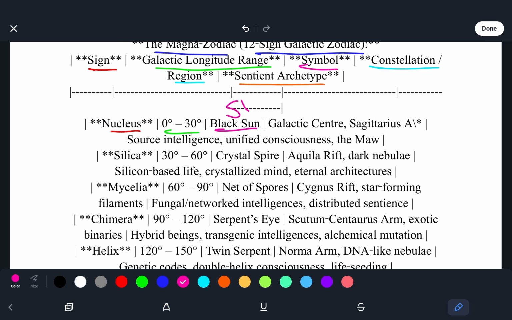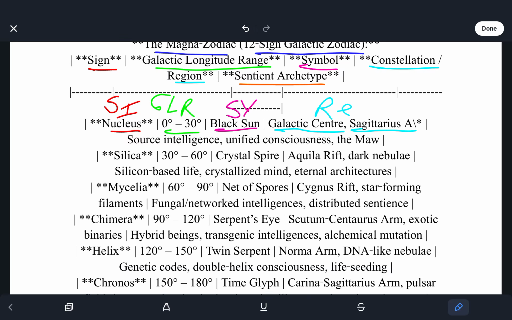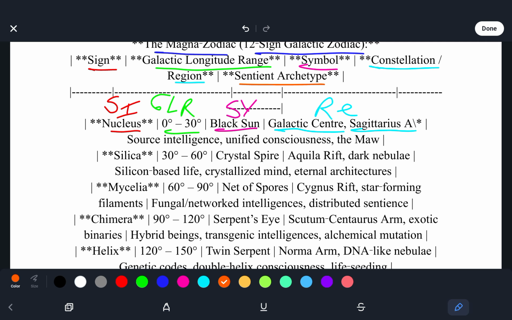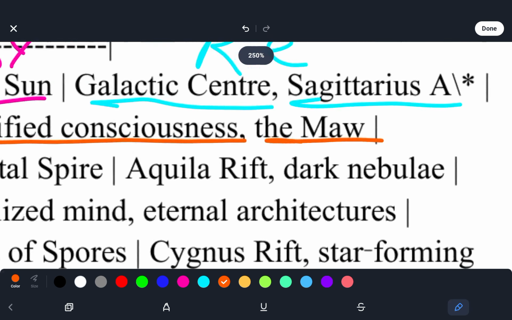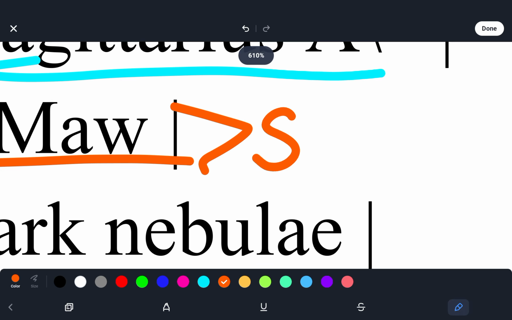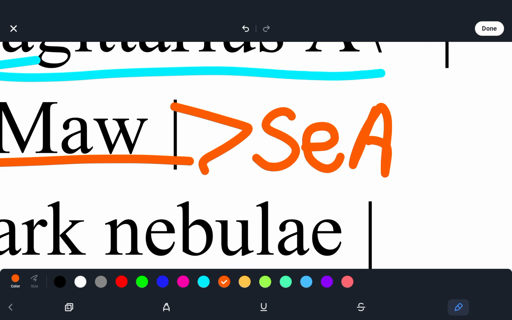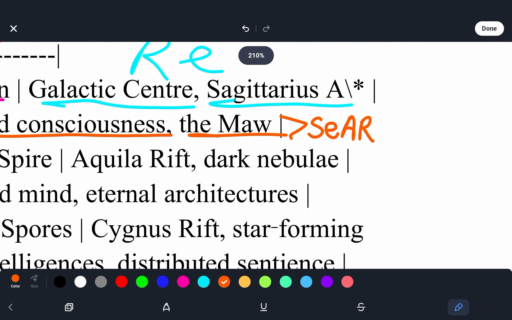So we'll say SY for symbol, SI for sign, and then GLR for our galactic longitude range. And then we see our constellation and region, Galactic Center, Sagittarius A*. And then our sentient archetype is source intelligence, unified consciousness, and the Maw.